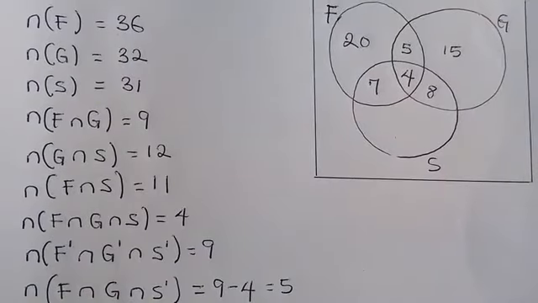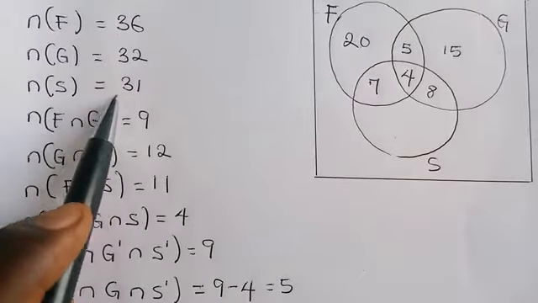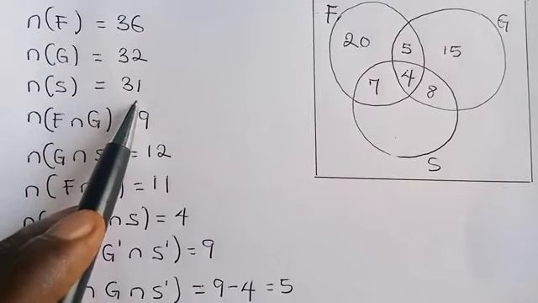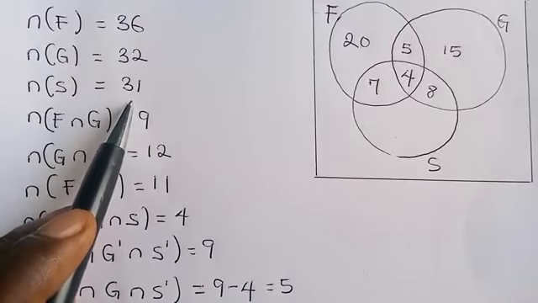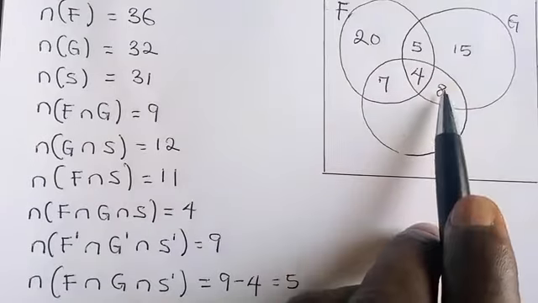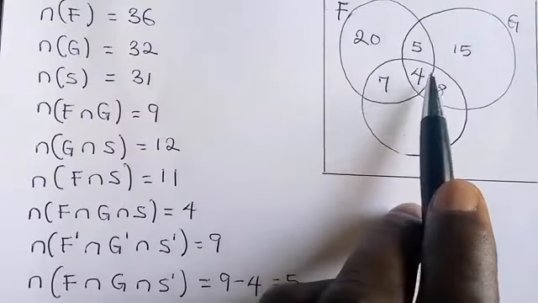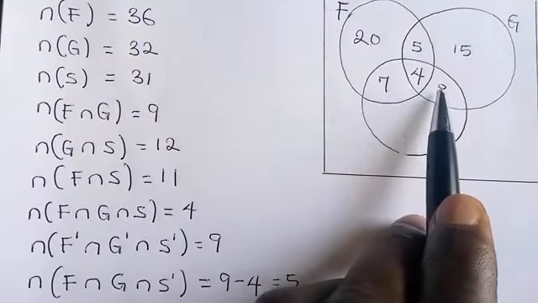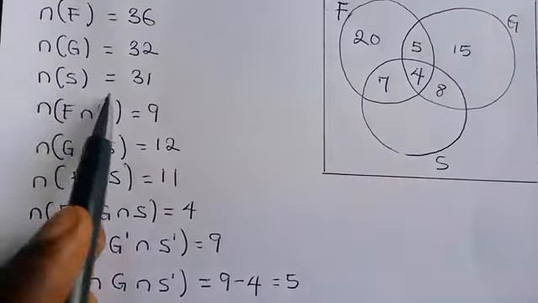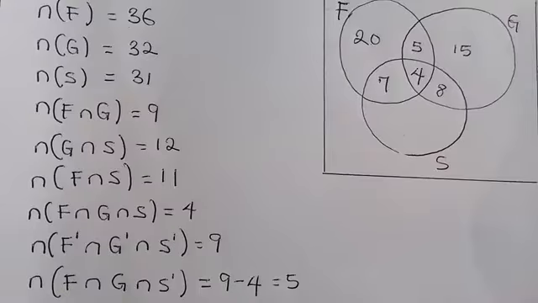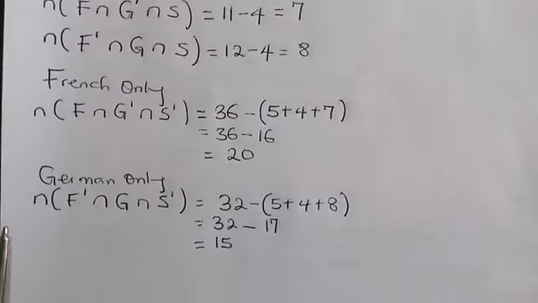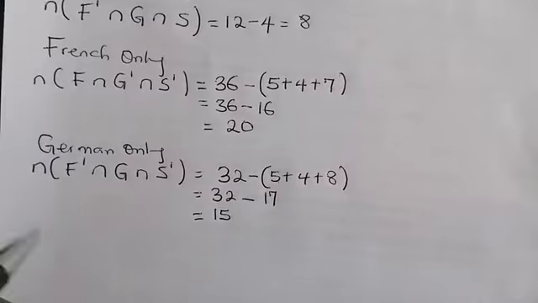Lastly on that, to have Spanish only. For Spanish, we are told that 31 students offered that language. But already we have some data inside the oval shape for Spanish. So we have to subtract this number from 31 to know Spanish only.